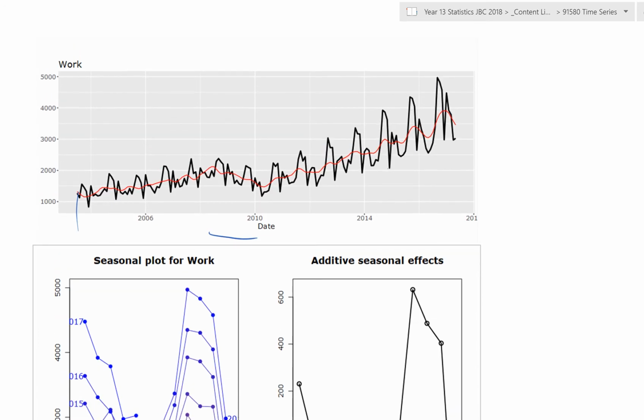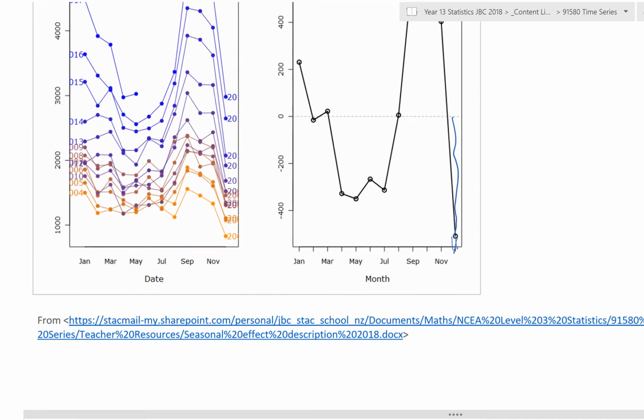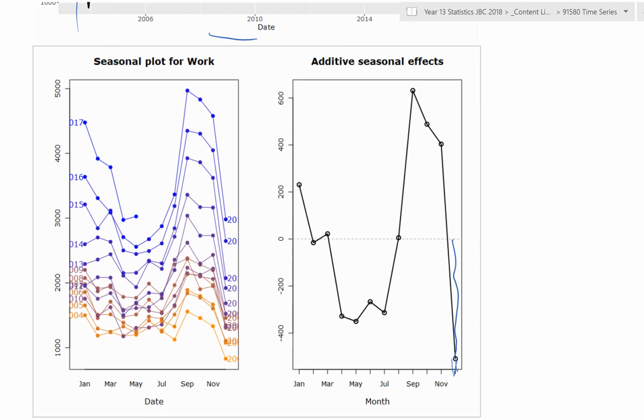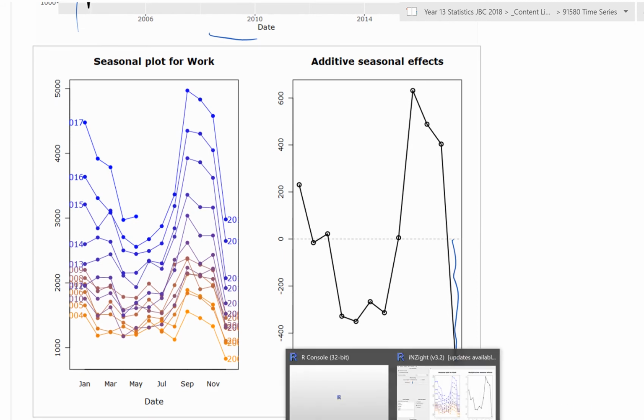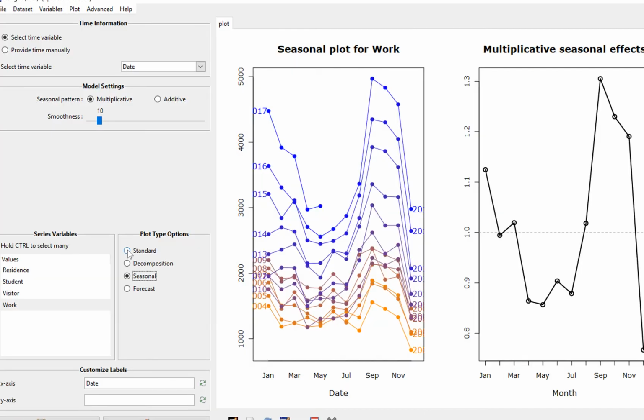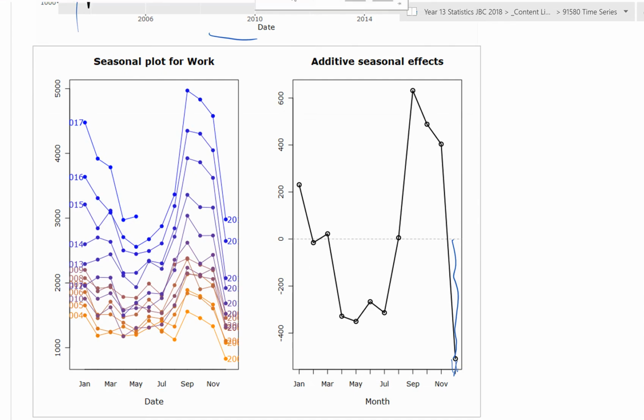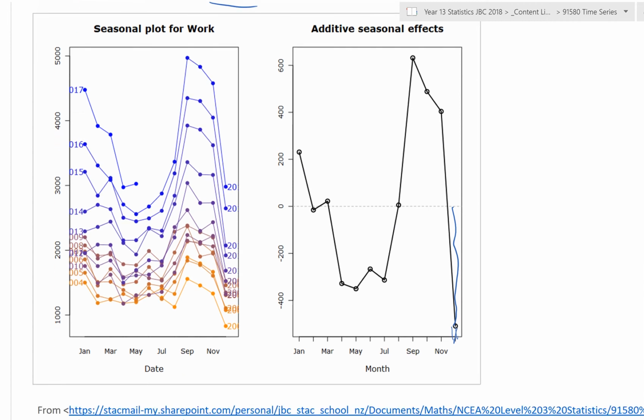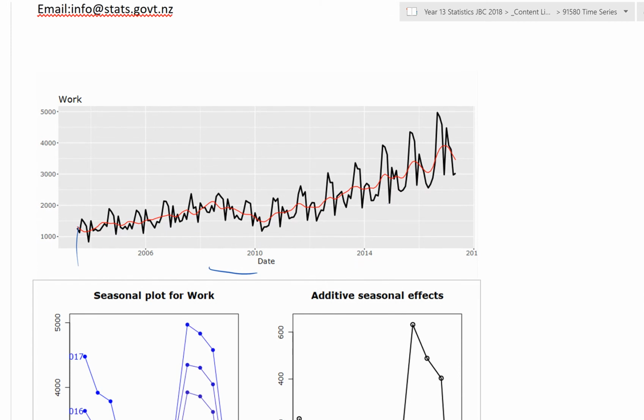When are the peaks? When are the troughs? This is where we look at the seasonal displays, and you can get them, if you're using Insight, by just changing from standard to seasonal. The graph on the left, notice the scale on the vertical axis is pretty much the same as the one on the original series, because it's got the same units.